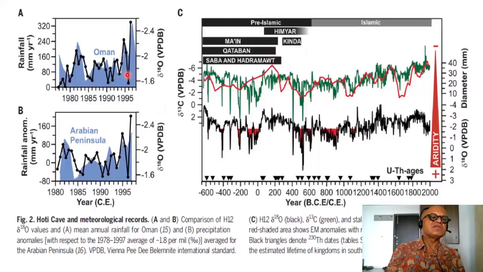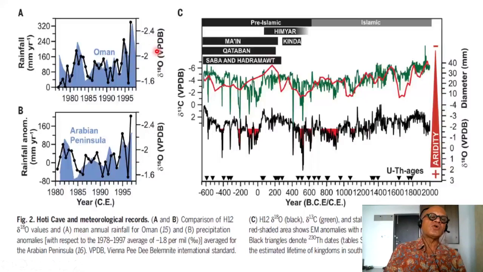Okay, so this is looking at rainfall in millimeters per year in Hoti Cave and meteorological records. A and B show a comparison of H12 delta O18 values, that's a site, and A is the mean annual rainfall for Oman, and B is precipitation anomalies with respect to the 1978 to 1997 average of minus 1.8 parts per thousand, which is the average for the Arabian Peninsula.